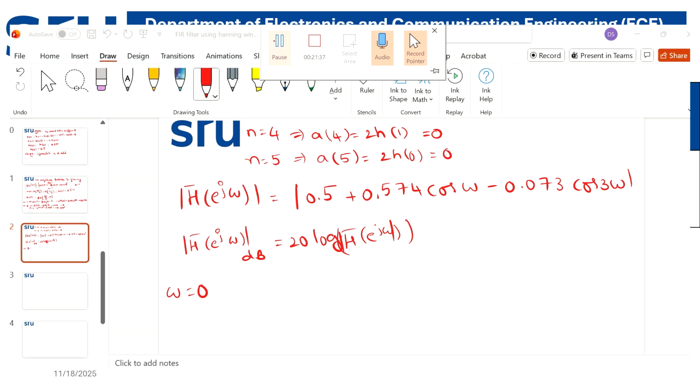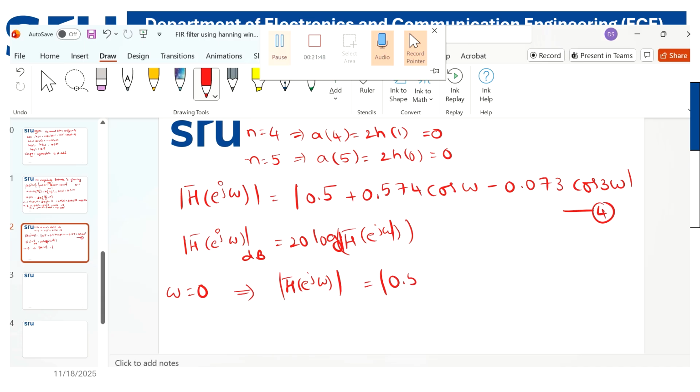If omega is equal to 0, then if I substitute in equation number 4, the magnitude will be equal to 0.5 plus 0.574 cos omega, that is cos 0 is 1, minus 0.073.